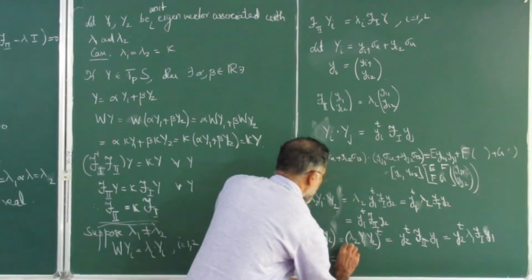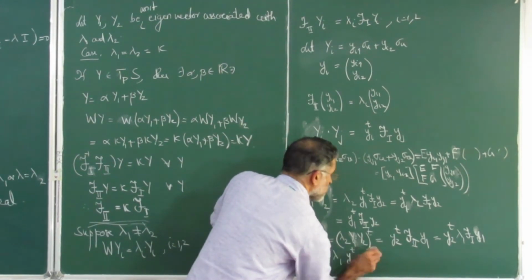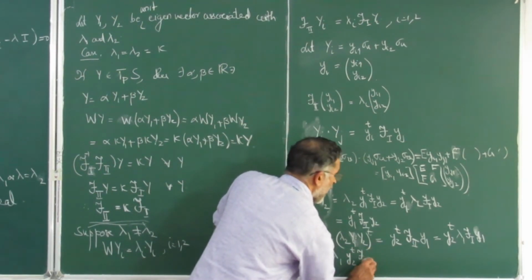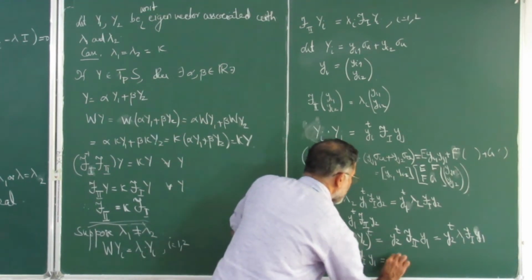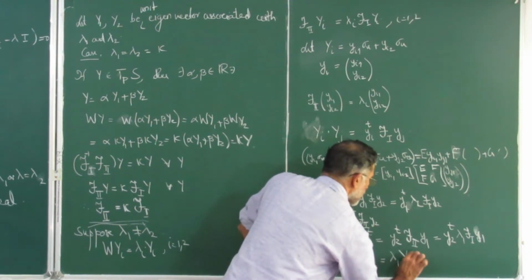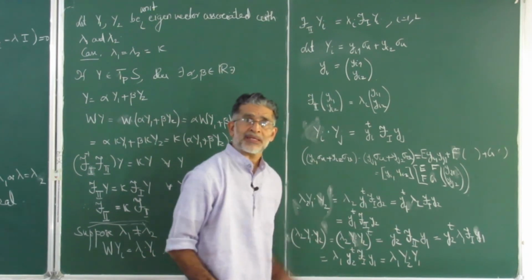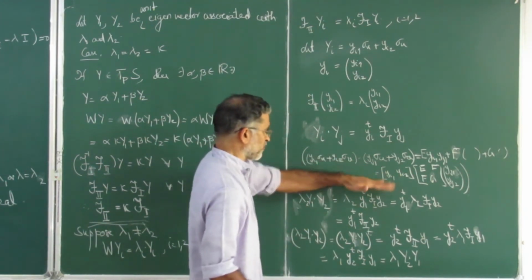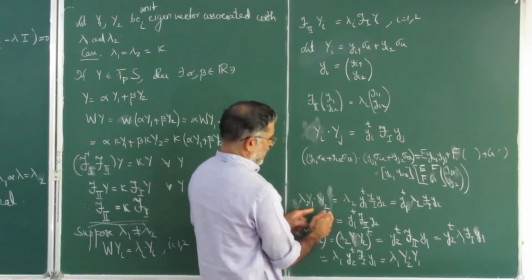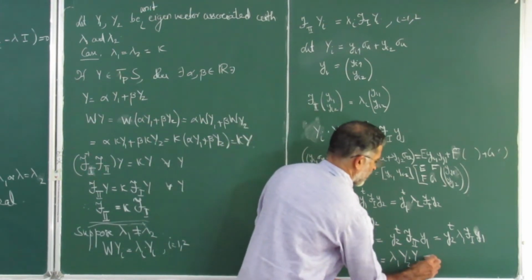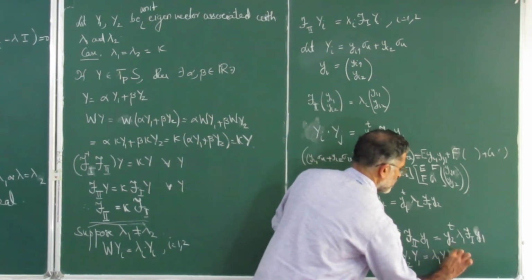So this is equal to lambda 1 y2 transpose F1 y1, and this is precisely lambda 1 y2 dot y1, the dot product of the two vectors. Written in the coordinate form, it will be this. And now of course, y1 dot y2 is the same as y2 dot y1. So that's equal to lambda 1 y1 dot y2.